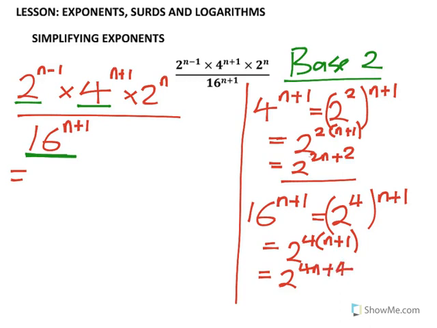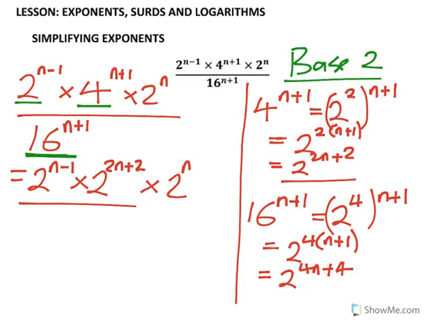So with this, I can now write it as final by saying this is the same as 2 to the power n minus 1 times 2 to the power 2n plus 2 times 2 to the power n all over 2 to the power 4n plus 4.